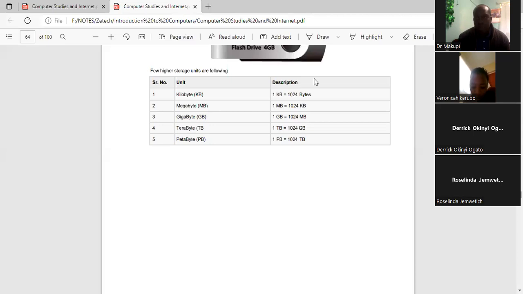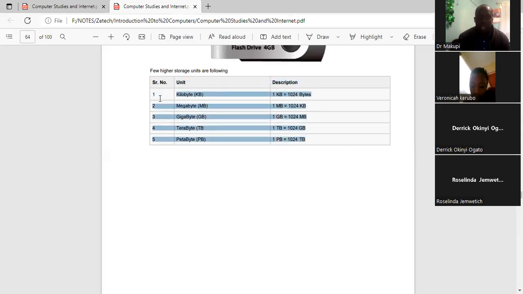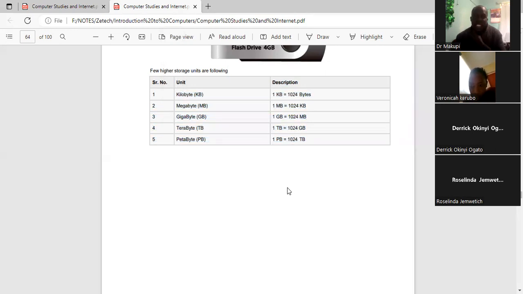You will be given number conversions, I know, or you might come to a situation where you want to convert. For example, you are told to convert 1 GB to MBs. Then it means that you need to know the conversions. So for example, 1 GB is 1024 MBs. 1 TB or terabyte is 1024 GBs. 1 petabyte, PB, is 1024 terabytes.